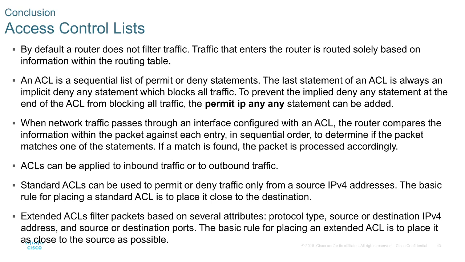So in summary, when we think about access control lists, the reason why we use them is because the basic aspect of routing is only about routing packets, taking them from one network and forwarding them to another network, or forwarding packets between networks.